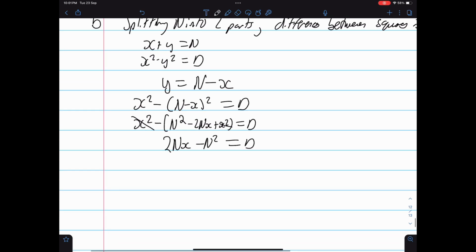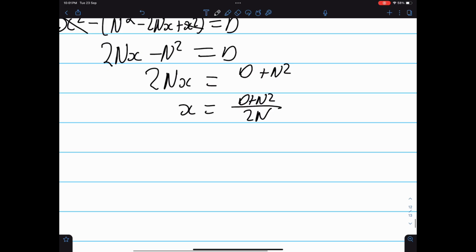Just move this around to get x on its own. d plus n squared over 2n. And you could simplify this to be n squared over 2n plus d over 2n, which this one here will simplify to n over 2.